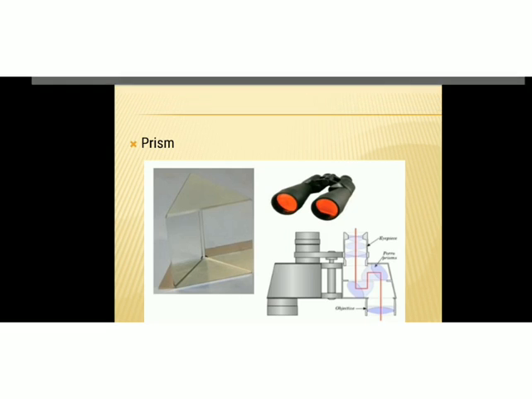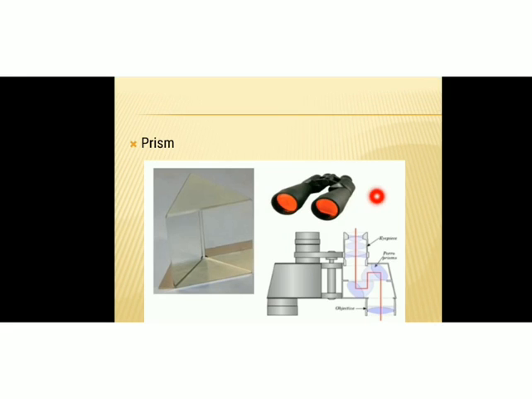Then it is also applied in prisms and also in binoculars. So here you can see this is a binocular and this is the eyepiece, and two prisms are arranged like this. Okay, and what happens when light is incident here? Light enters through the lens and it enters into the prism and it undergoes total internal reflection and finally it comes out.